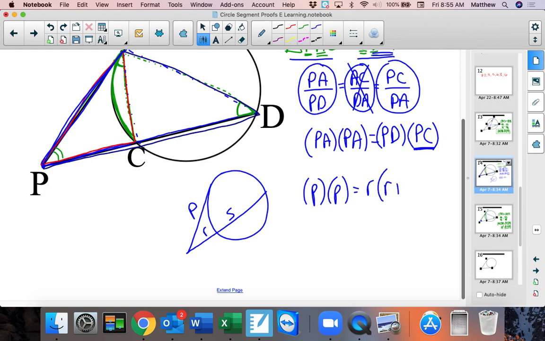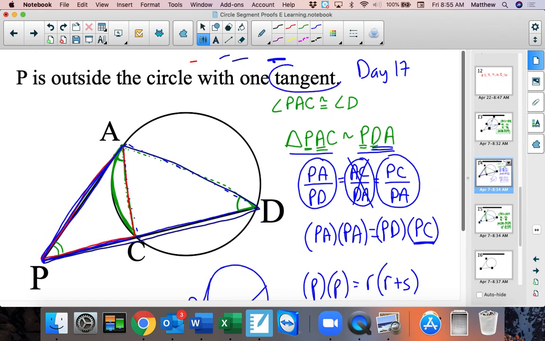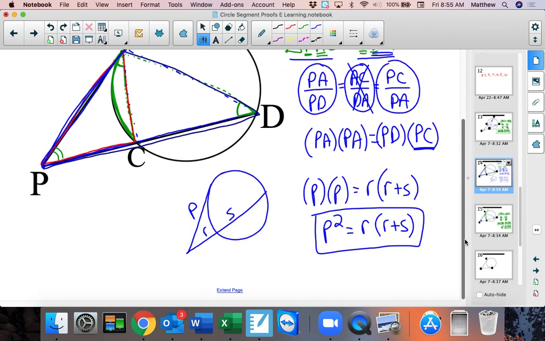So it's R plus S, the critical thing. It's not R times S. It's R squared equals R times R plus S. And that is our formula for when we have an intersection outside when one of them is a tangent line. Okay? This is the one you want in your notes right here, and let's try a couple of examples.